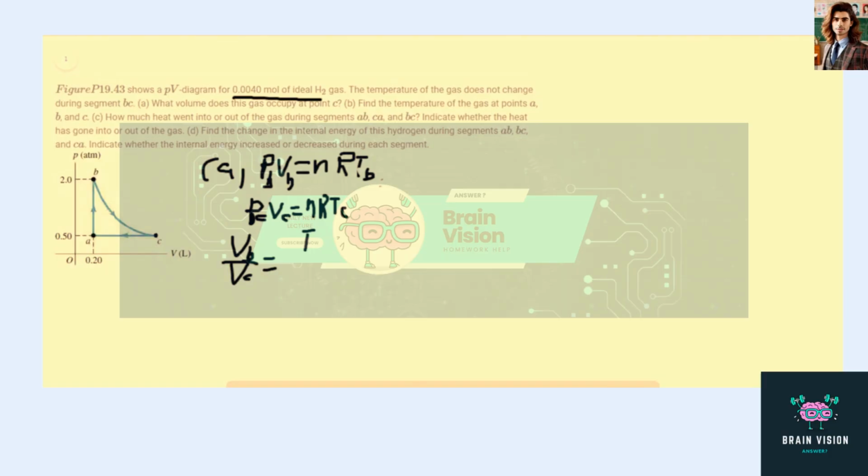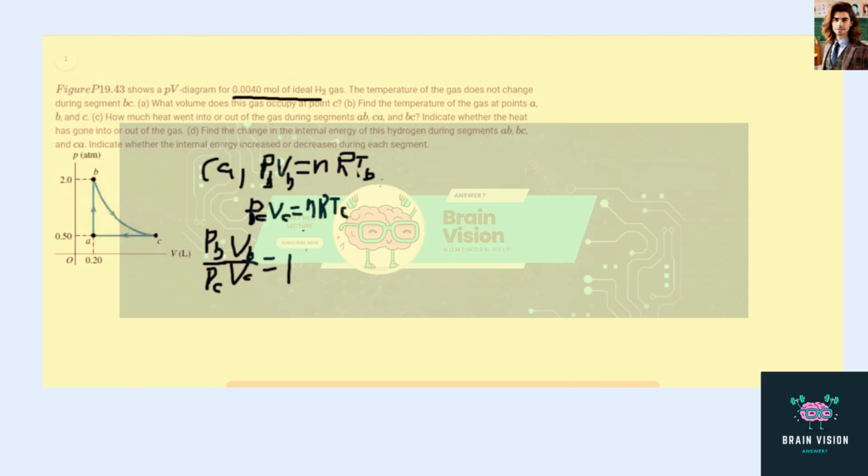So what I want to say here is PB times VB divided by PC times VC equal to 1. That's because TB equal to TC, because in the process BC the temperature is constant. So the temperature at state B is equal to the temperature at state C. So this is equal to 1.